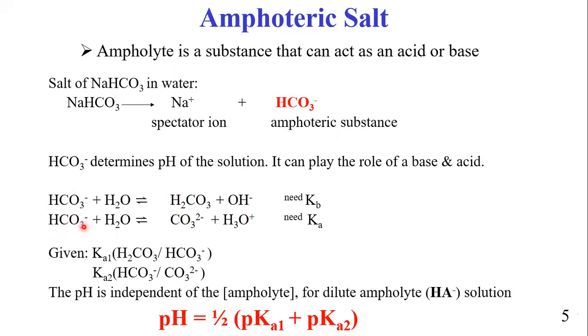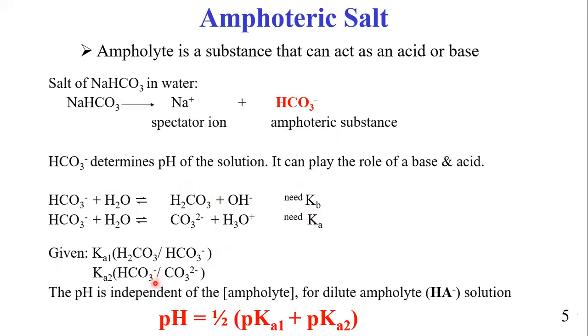Now, how do we calculate the pH of this ampholyte? Well, in the first equation, I need a Kb. In the second equation, I need a Ka. And it turns out that how we do this and where we get the pH is not so easy to derive, but I will derive it for you once I see you in class, but I'm not going to do it here on the board or in the recordings.